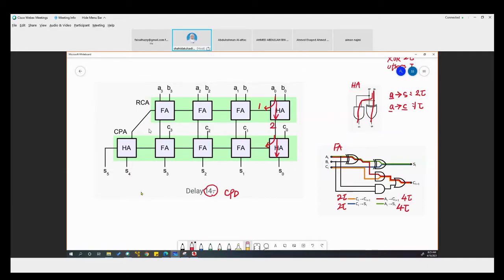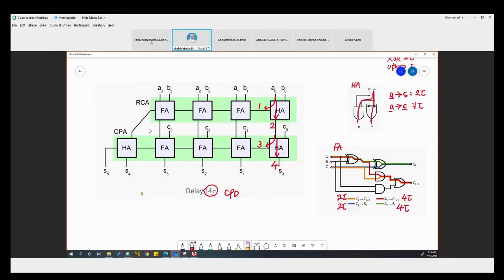So from this input to this carry, that is 2 plus 1, which is 3. And to this sum, it is 4. This 2 here, another 2 here, that is 4. Right? So that is for half adder.